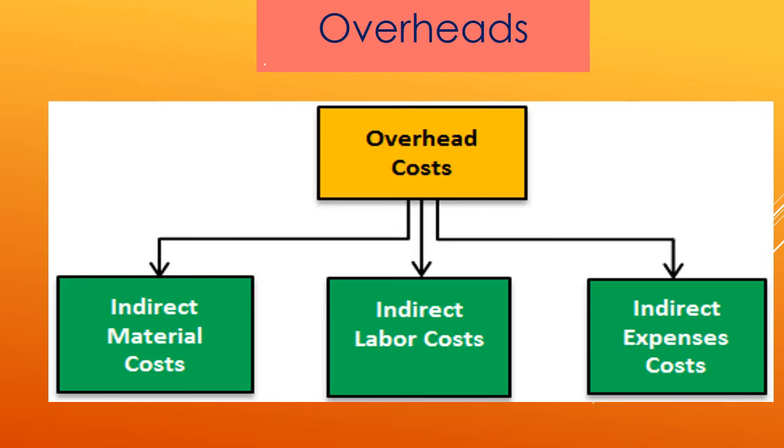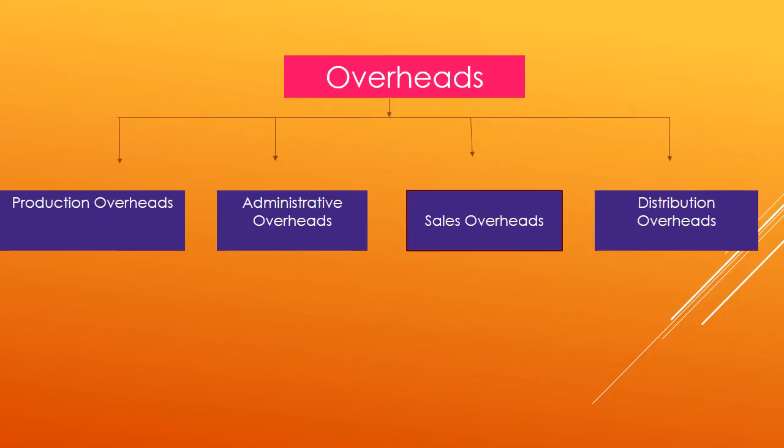Overheads. Overheads are the indirect expenses. Let us say we have the indirect material cost, indirect labor cost, indirect expenses cost. All these together we will call overhead. Indirect expenses, indirect labor, indirect material together we will call as overheads.